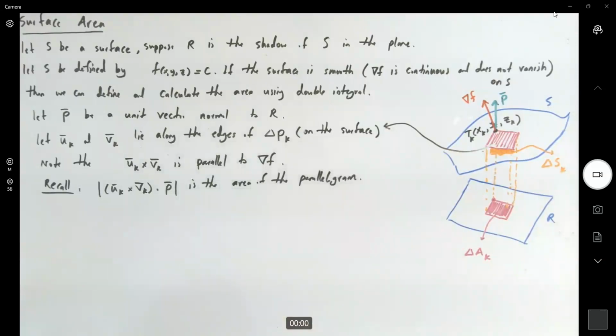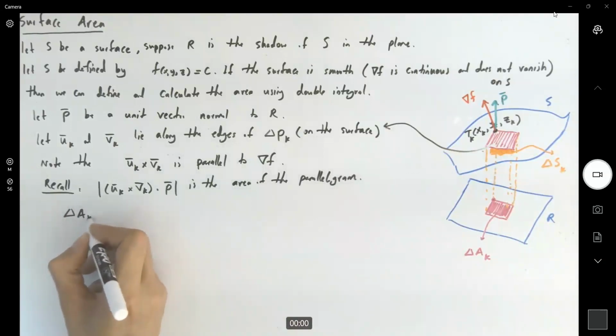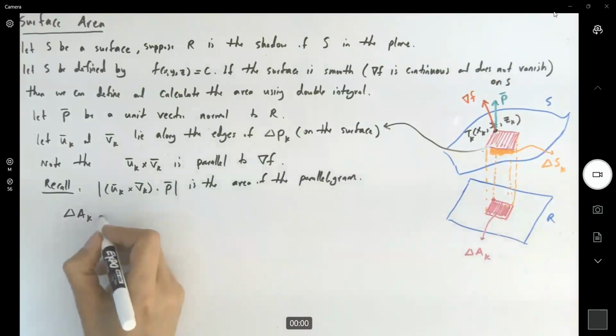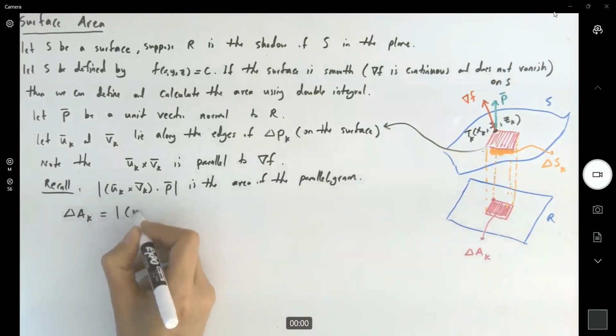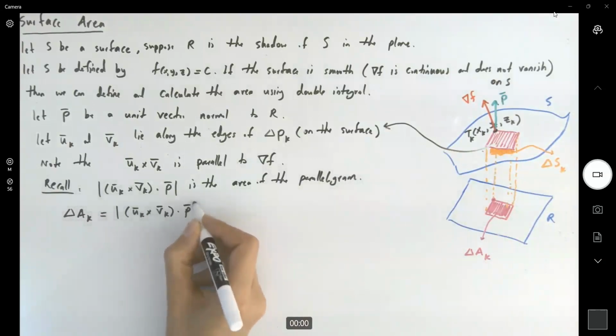So what's the meaning of that? It means that delta A sub K, this area, is nothing but the magnitude of UK cross VK dot P.